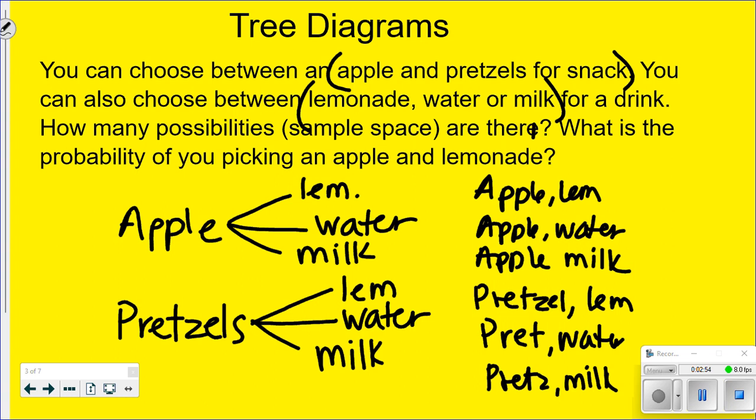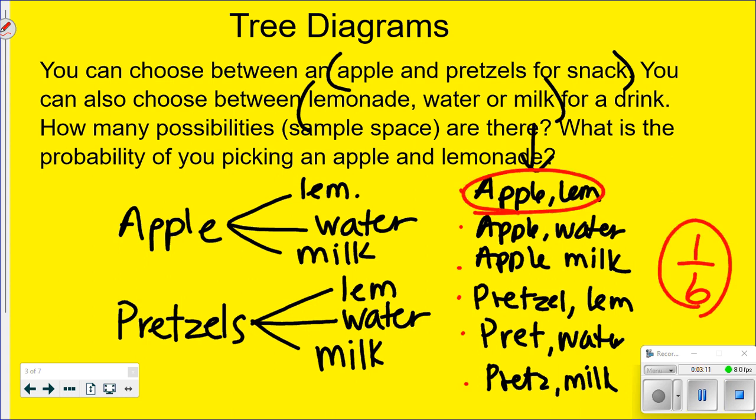So this is my sample space right here. Now the question is, what is the probability of you picking an apple and lemonade? So if I look here, how many possibilities do I have? I have 1, 2, 3, 4, 5, 6. I have 6 possibilities. And the probability of me picking an apple and lemonade is 1 out of 6.